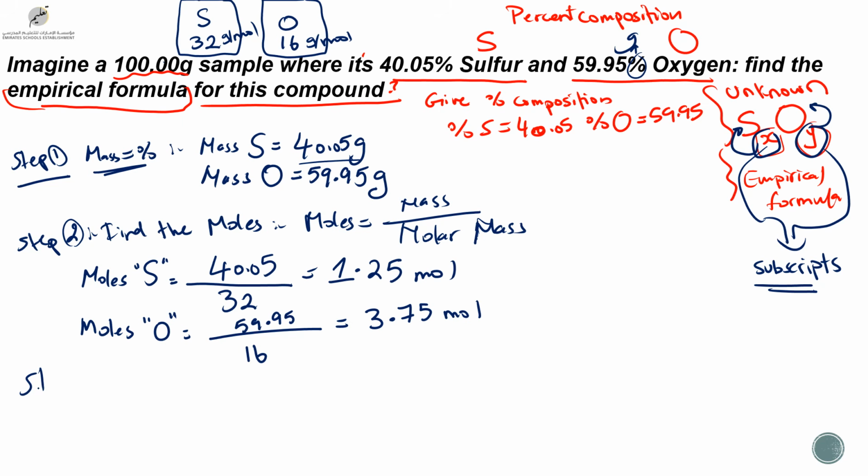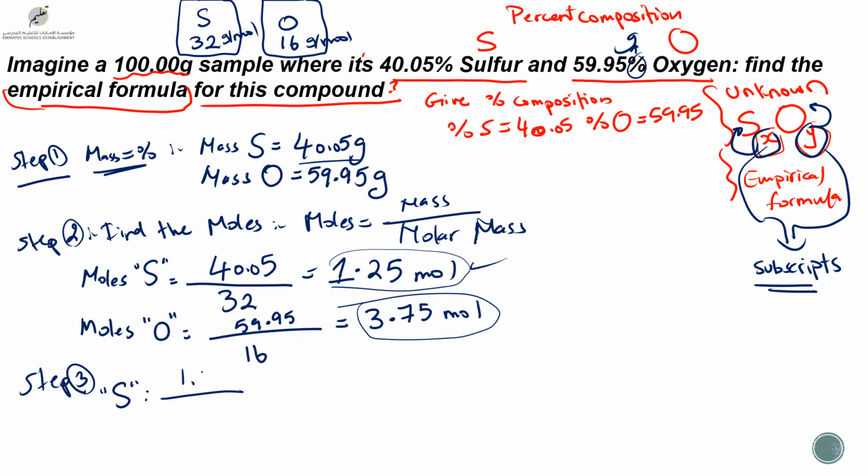Now step number 3, we need to divide the moles that we found by the lowest value. Which is smaller, 1.25 or 3.75? Of course this one. So for S we are going to divide 1.25 by 1.25 itself. So it will give us 1.